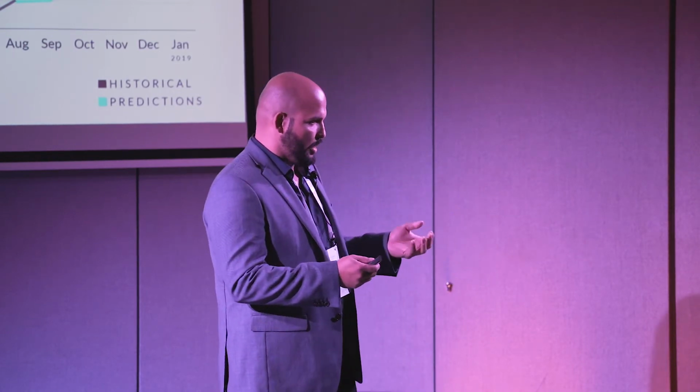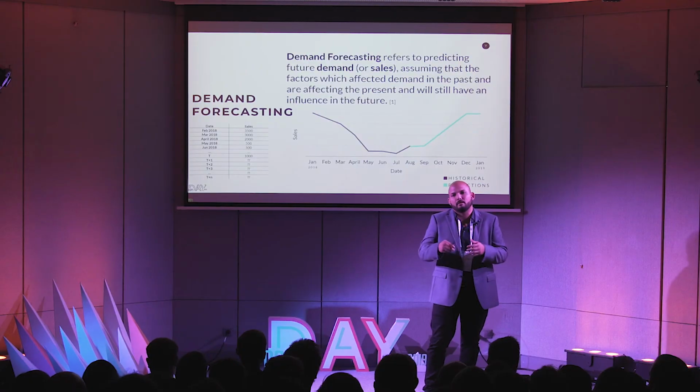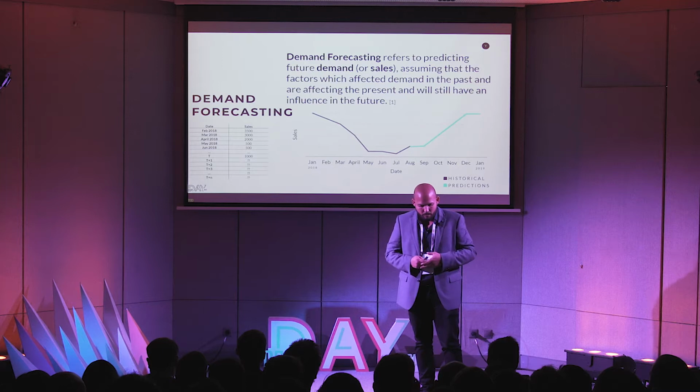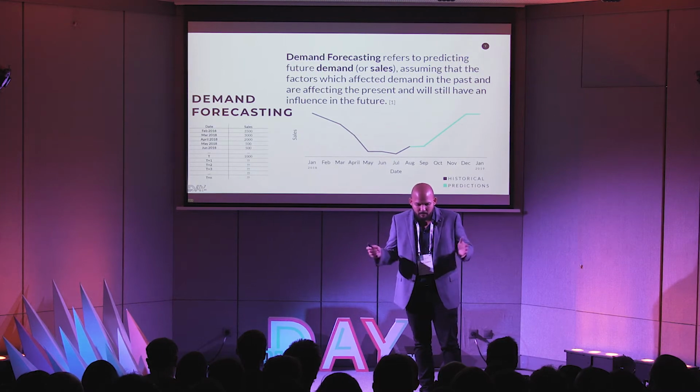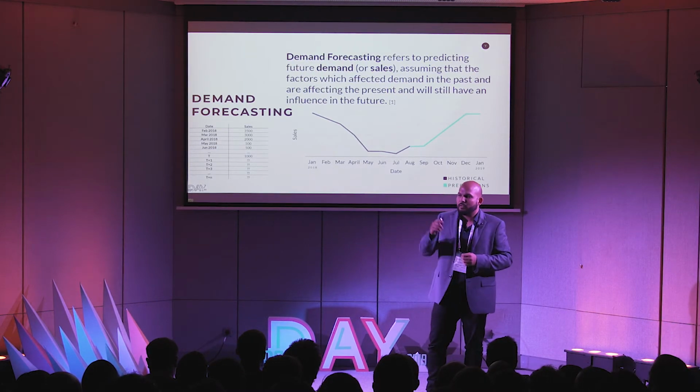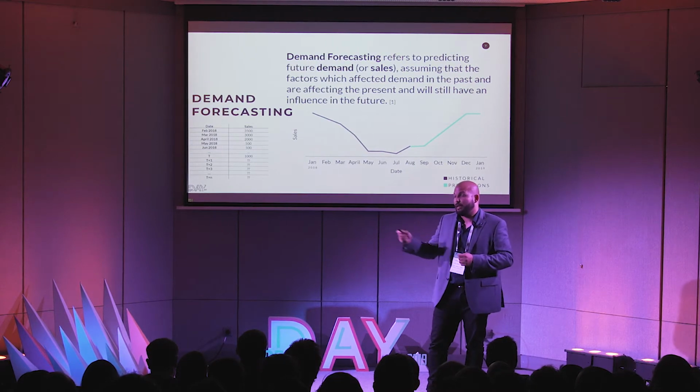So demand forecasting. What we want to do in demand forecasting is to capture the past factors that influence the demand, so we can create predictions. If you want to see it as a plot, if you plot the sales or the demand across time, you're going to see a time series.